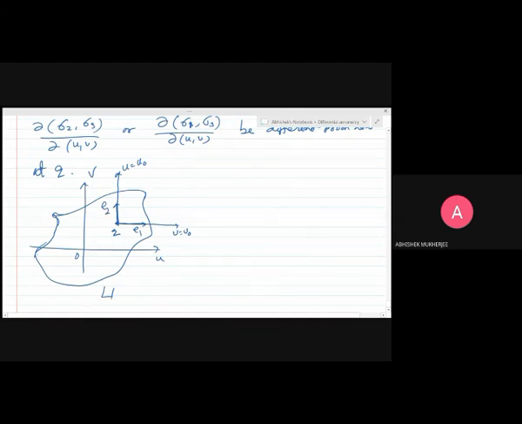Then with respect to this linear map d sigma q, how does it look?